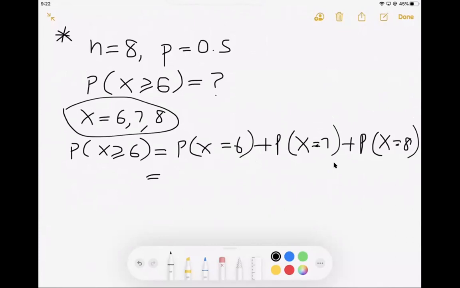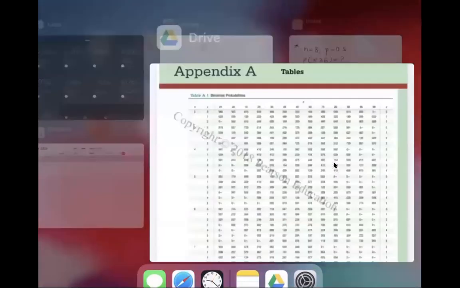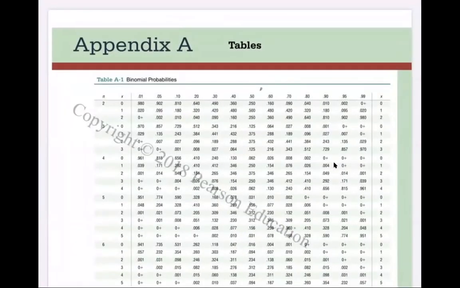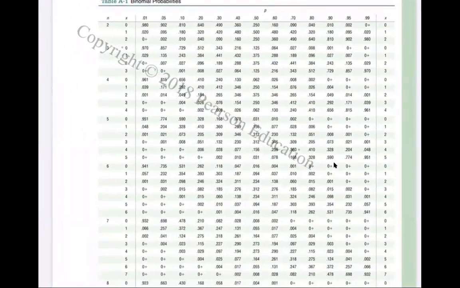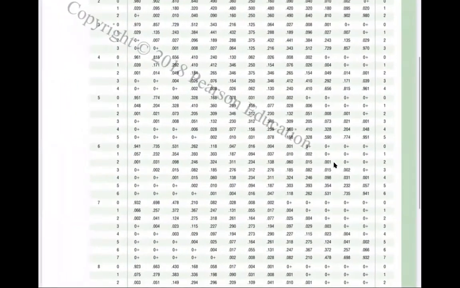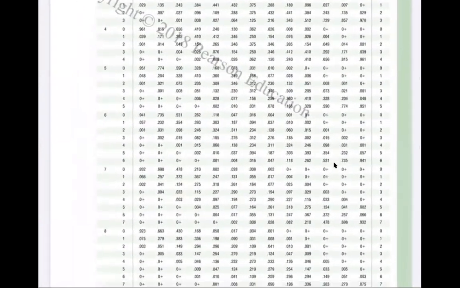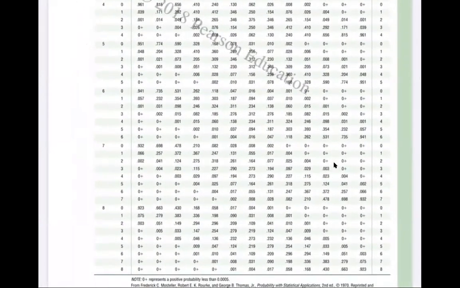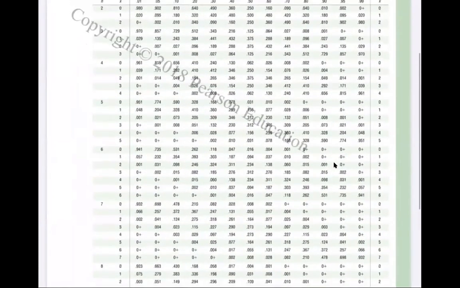Now we can use the table. Here n is 8, then p is 0.5. That means this column. Then x is 6, 7, 8.